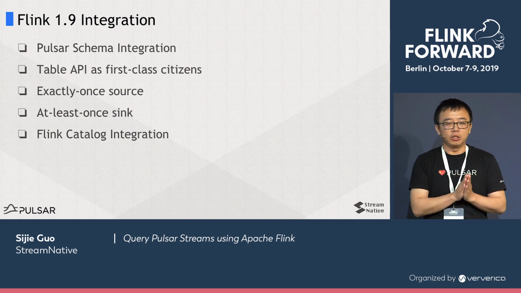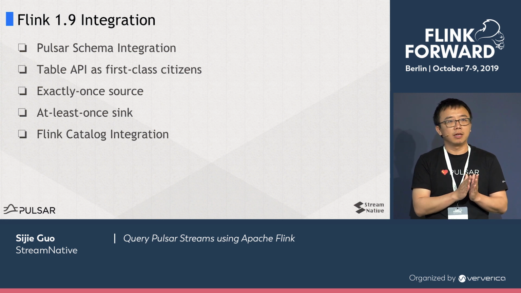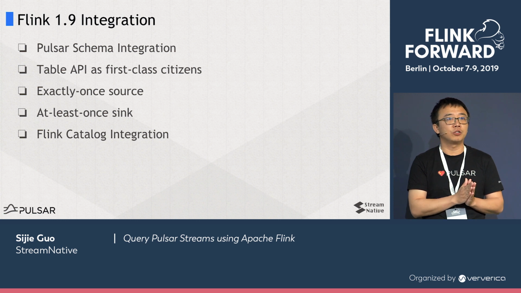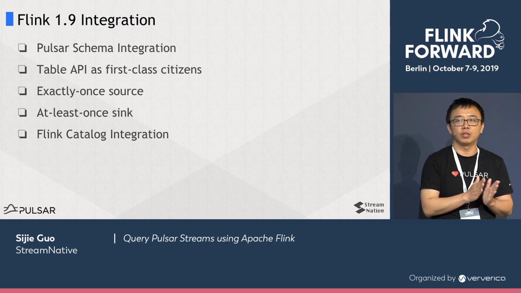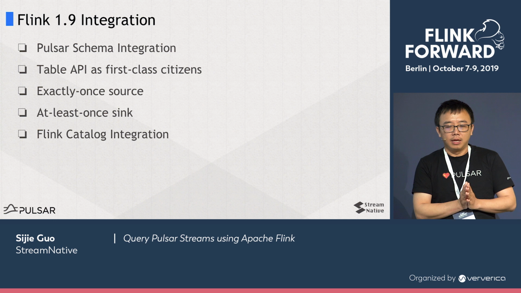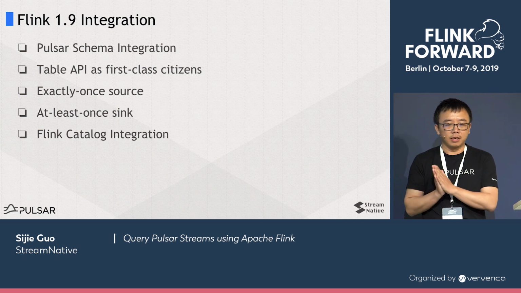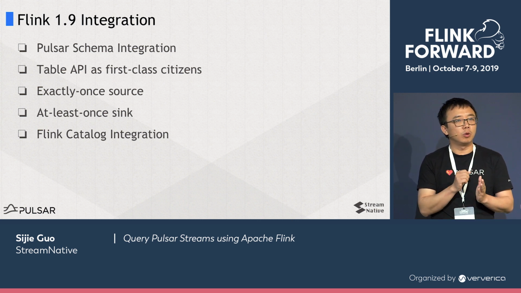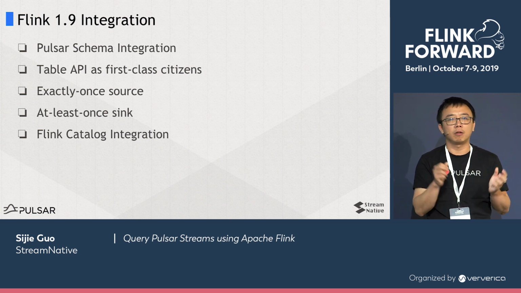And we need to make the table API a first-class citizen. With the table API as a first-class citizen, you can leverage a lot of tools in Flink, like running SQL queries on top. And the last thing is that in 1.9 a catalog API was introduced in Flink. So with the schema integration, we want to make Pulsar a catalog of Flink.